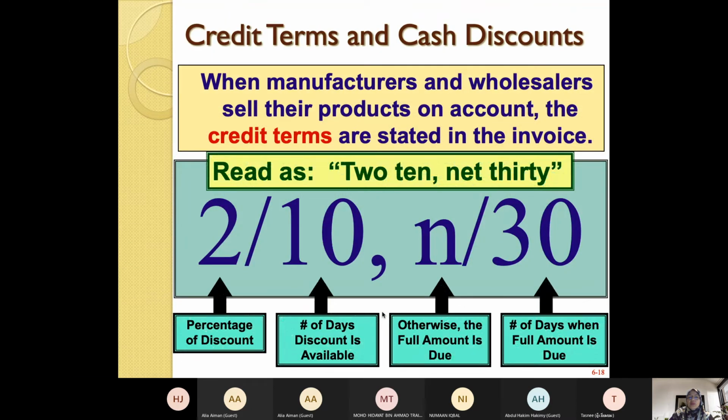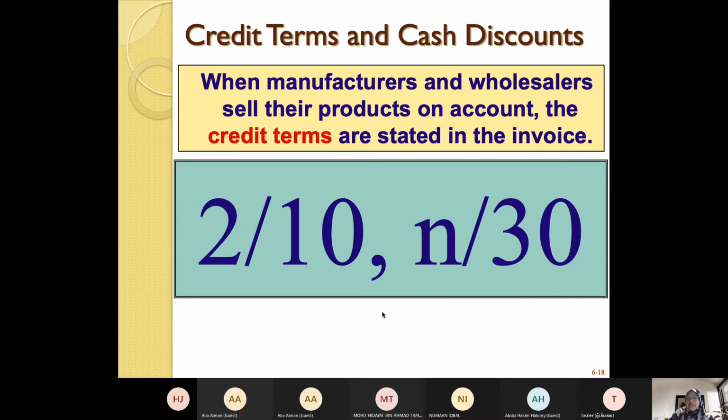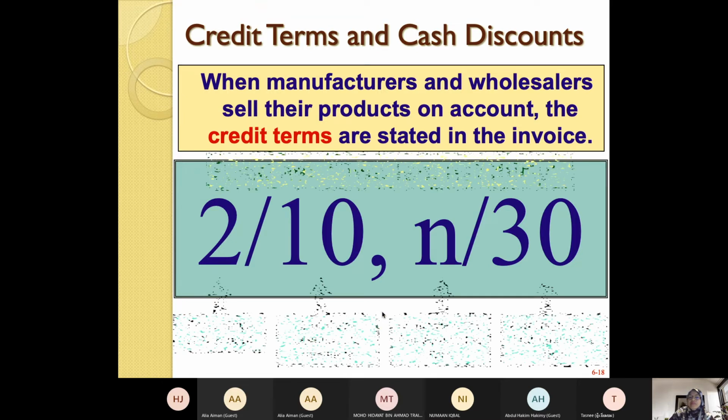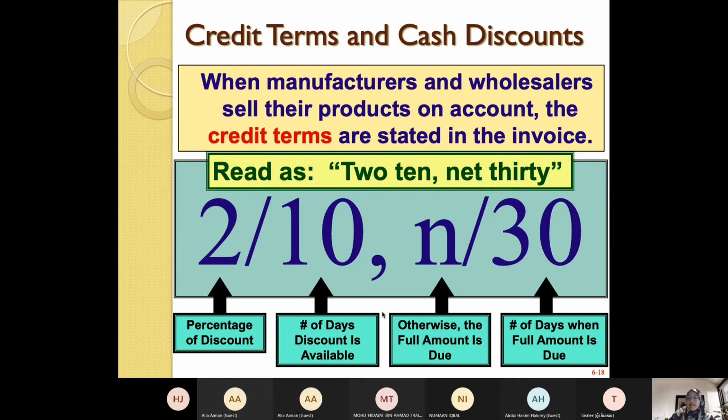This is what we call credit terms and cash discount. It's common that manufacturers and wholesalers sell their products on account, which means they are not selling for cash. On account means that they are going to be paid later. The credit terms are stated in the invoice like this: 2/10 net 30. You read it as 2/10 net 30. What does it mean?